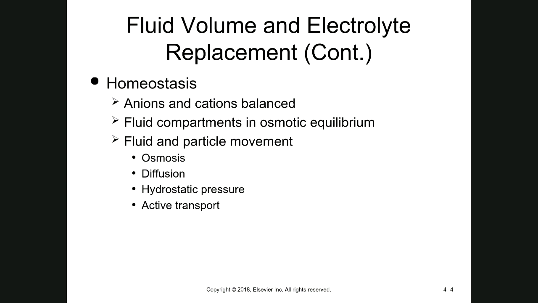Now, your osmolarity refers to the number of particles dissolved in the serum, primarily sodium. Sodium's the number one, and then the urea, which is the blood urea nitrogen, and the glucose. You're going to always see this on the CBC, CMP, and BMP blood panels that you're going to have to look up and report to the physician.